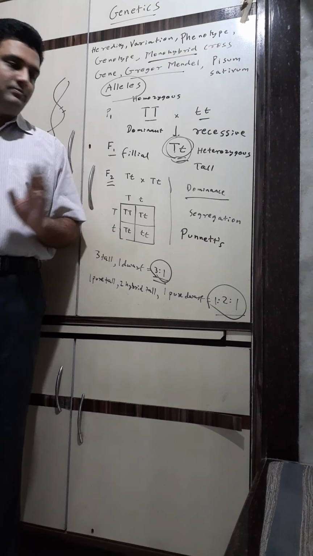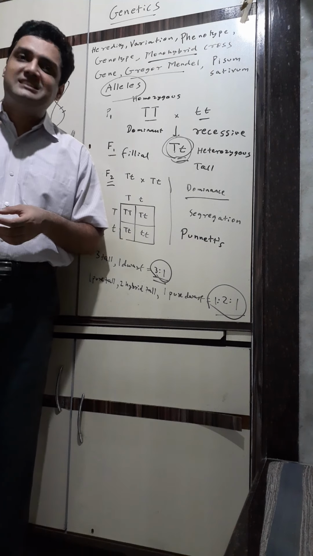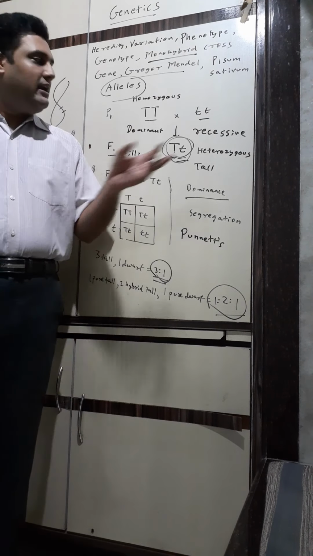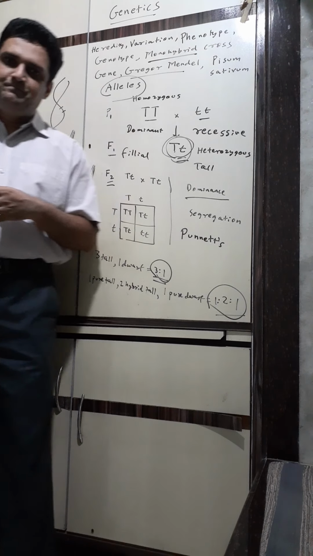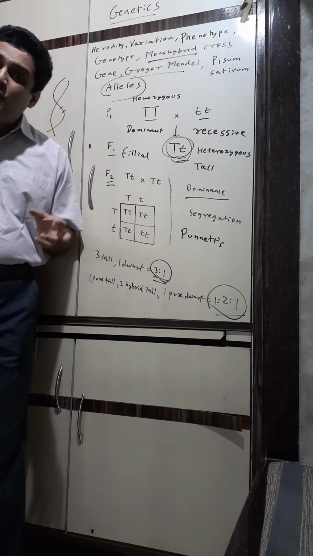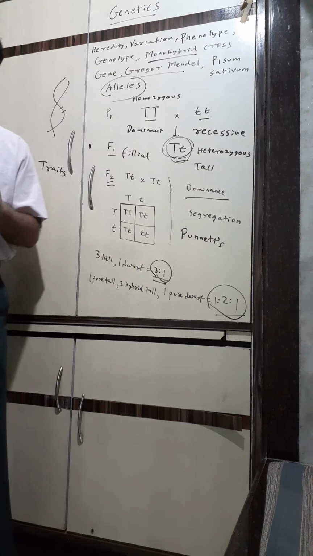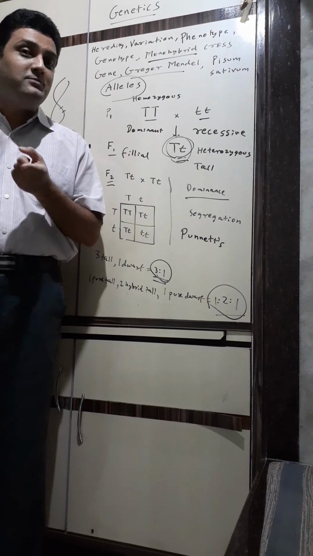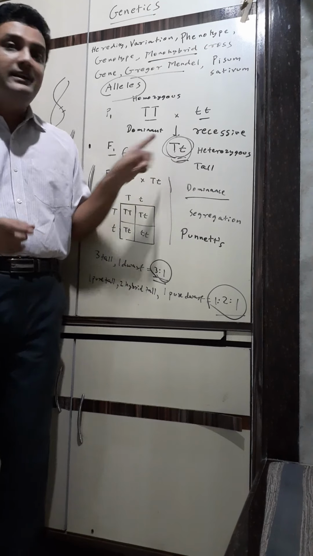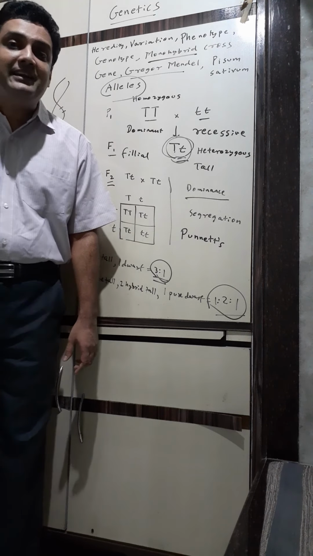Alleles are a pair of contrasting genes, or alternative forms of a gene which are present on the same chromosome but affecting in different ways. I'll repeat it once again: alternative forms of a gene.